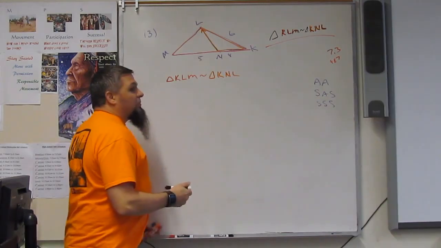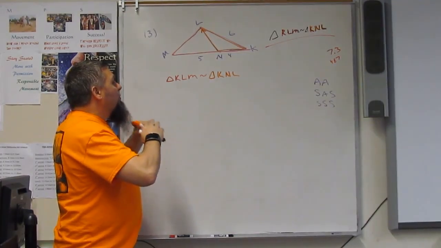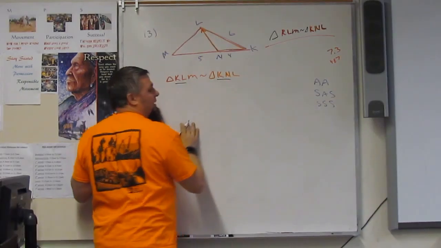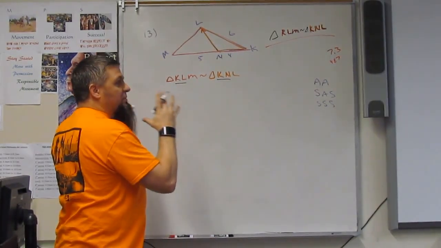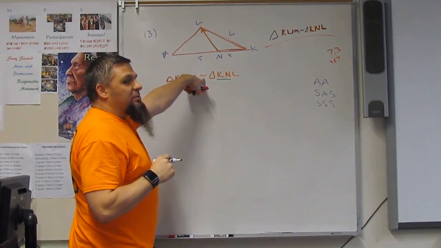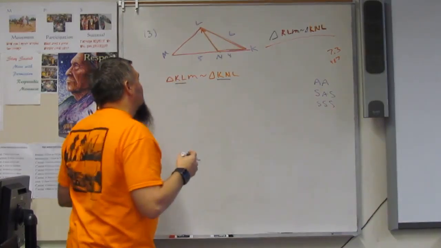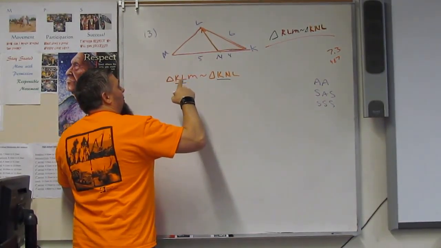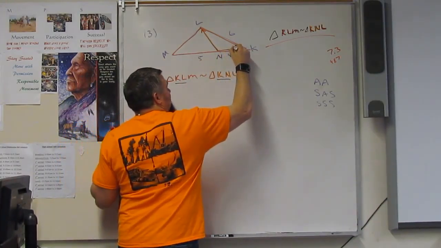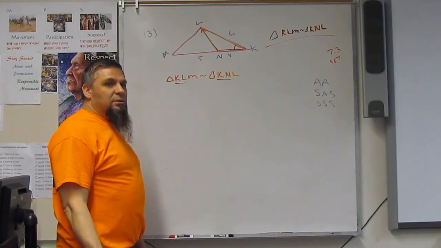Alright, so these things have a certain order, and we've got to follow that order. KL and KN are going to be proportional to each other if these are symmetrical. If they're not symmetrical, then they won't be. So the first thing we know, or we should know, is that the angles are congruent, right?